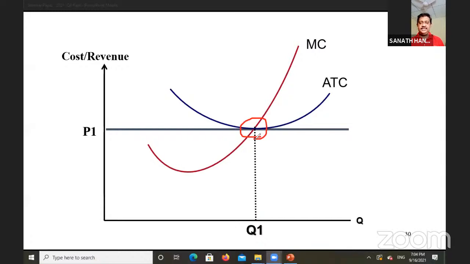Normal profit, right? Very good, normal profit. That means, what's our conclusion? If a perfectly competitive firm earns a normal profit in the short run, then the production is efficient. Right. Now, the question asks whether it is always happening.